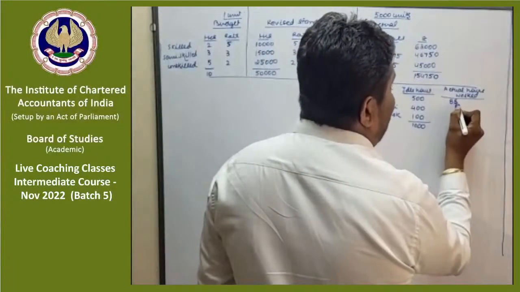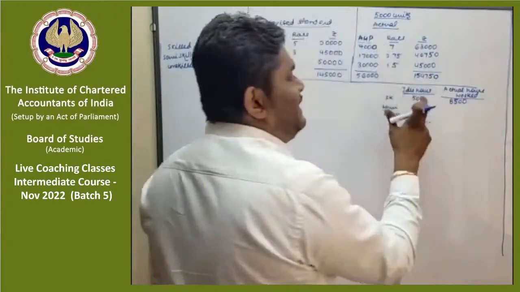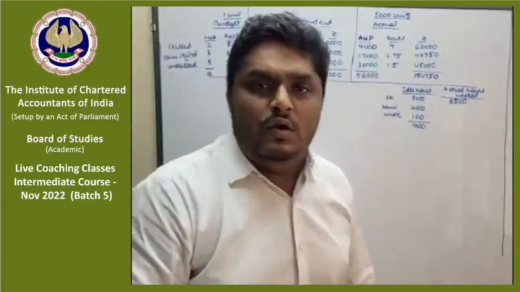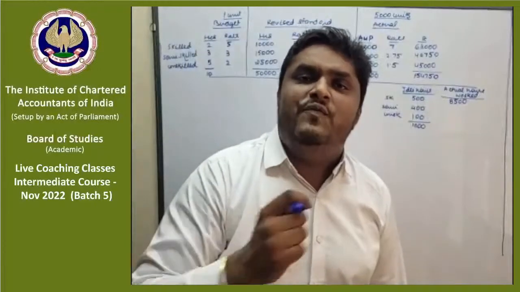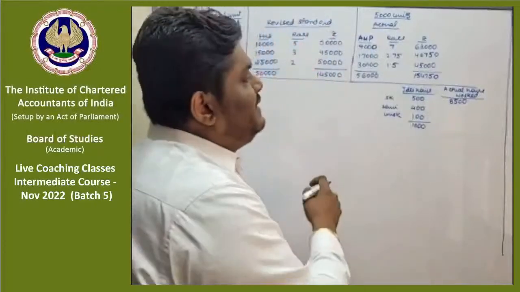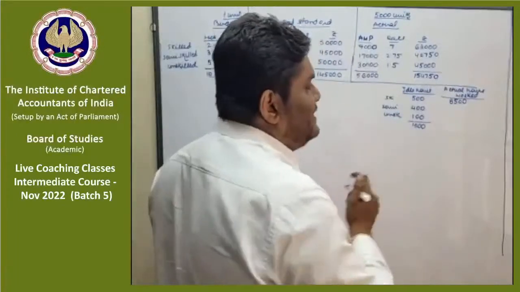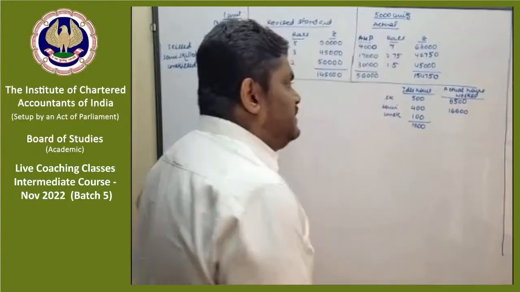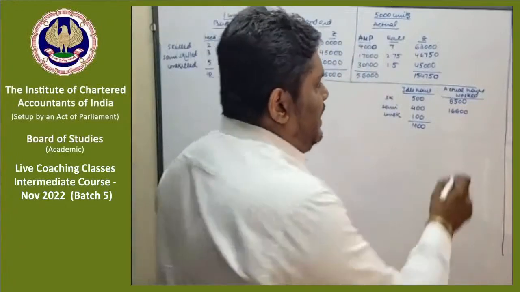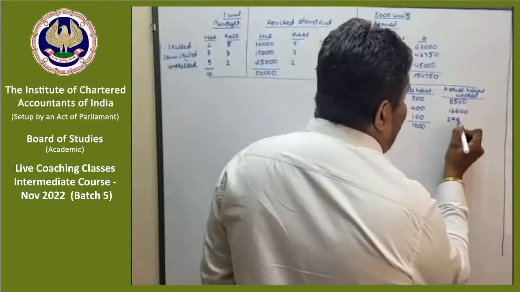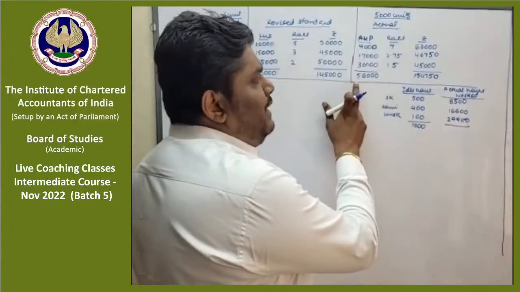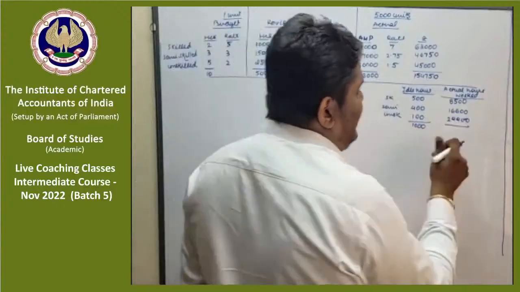Only 8,500 hours, that is 9,000 minus 500. Similarly, the actual hours paid for semi-skilled workers is 17,000. However, 400 is idle time, so the hours actually worked is 16,600 only. And similarly, in this case, it will be 29,900. So 56,000 is the total hours we are paying for. Of this, 1,000 is idle time.